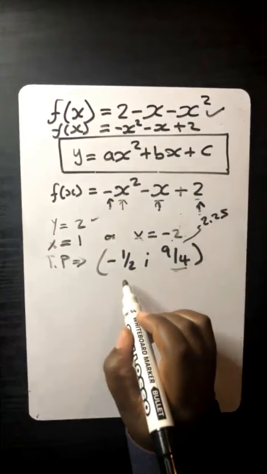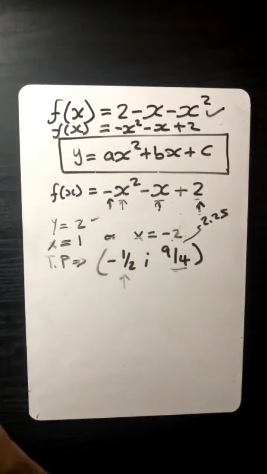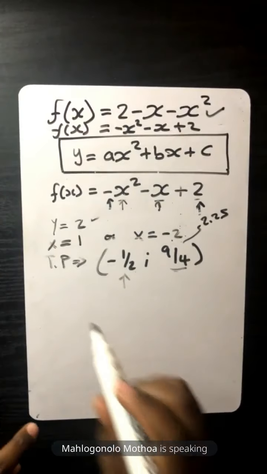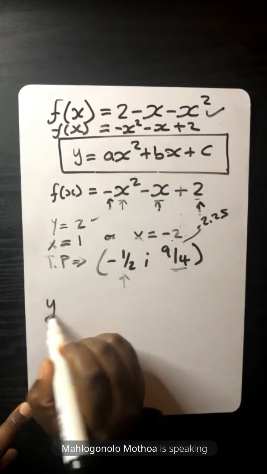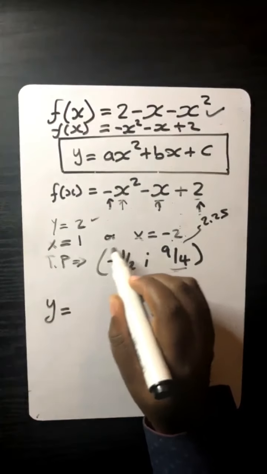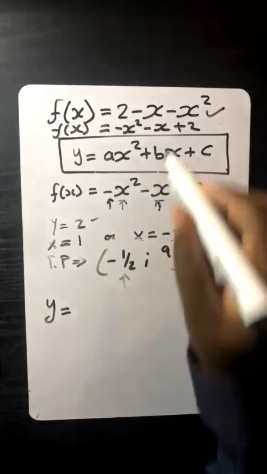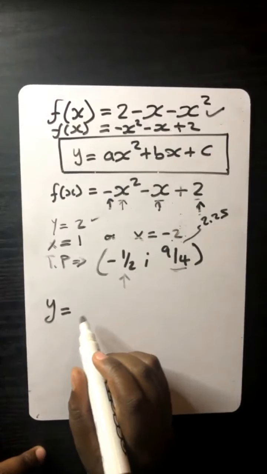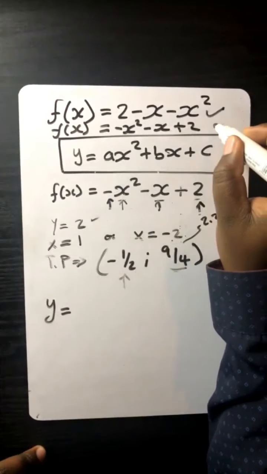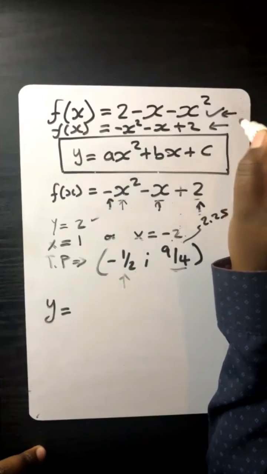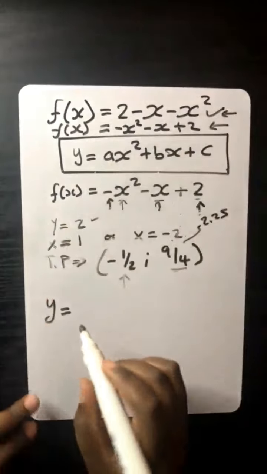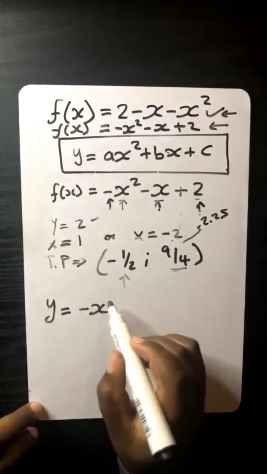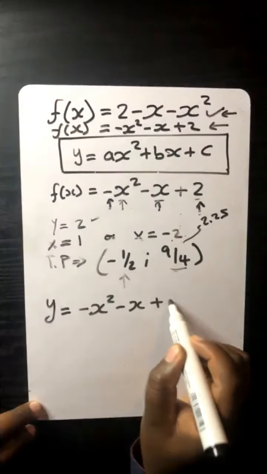Remember, did you understand that part where we get negative 1 over 2? That one I understood. So you substitute negative 1 over 2 into the original equation, or the one in standard form, it doesn't matter which one you substitute into. The one we wrote in the standard form is this one, with the plus 2.